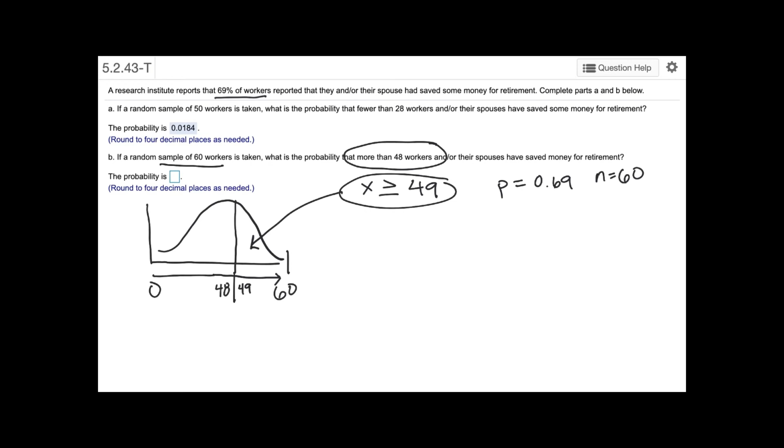The 48th person is on the other side of that cutoff. And since I want to know the right side of my curve, I'm going to have to work with my binomial dist formula slightly differently, because again, in Excel, it only knows how to read left to right. So this right here is x is less than or equal to, you guessed it, 48. That's the left side. But I don't care about the left side. I want the right side.